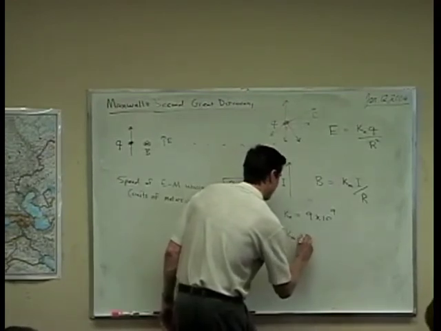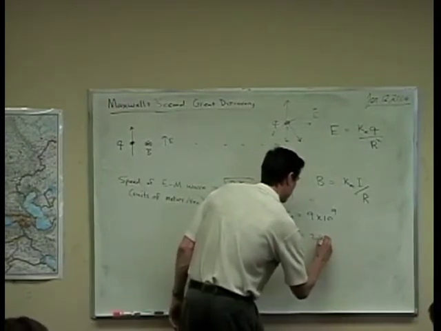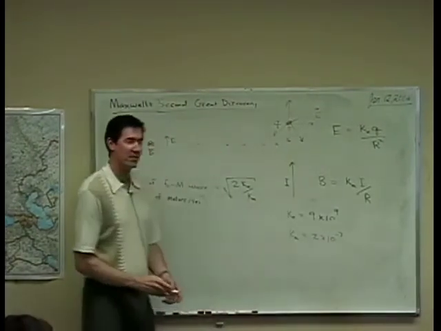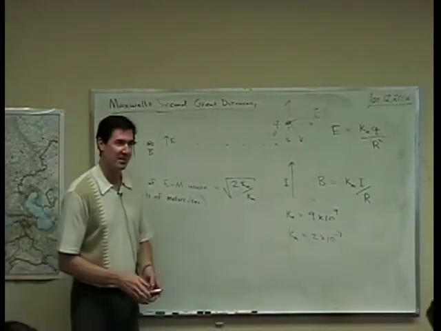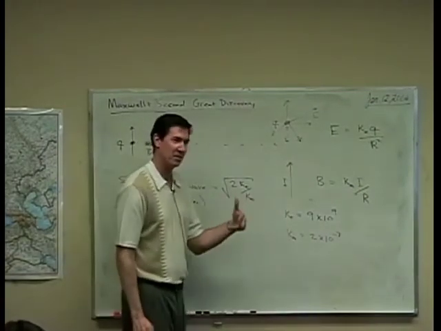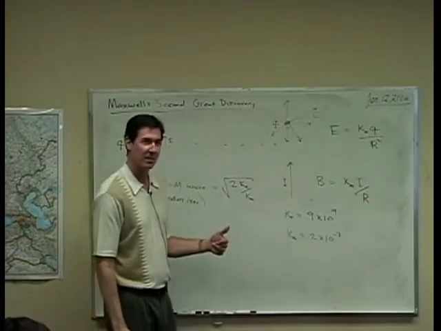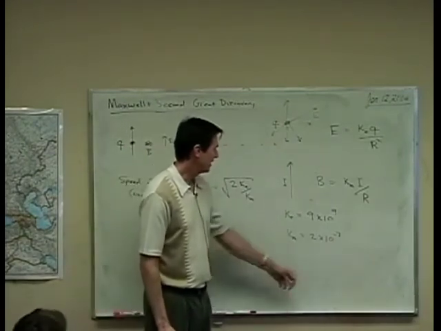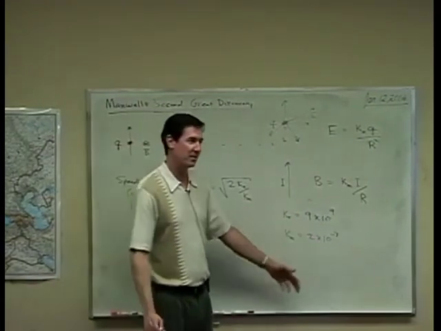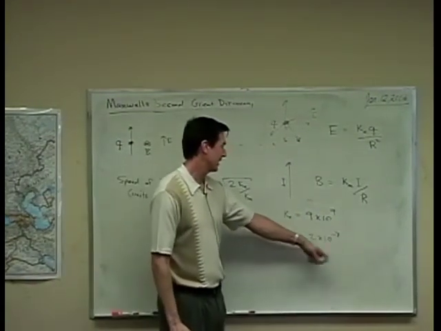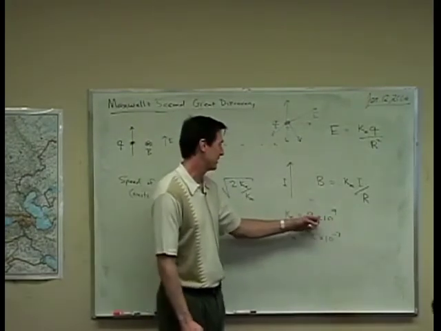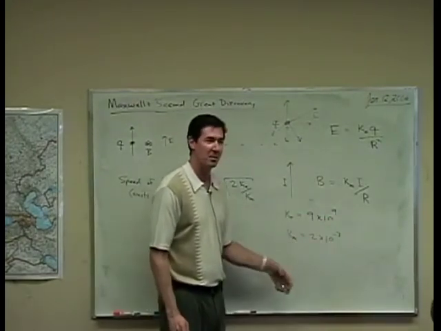For the magnetic constant, a very little number, 2 times 10 to the negative 7th. 10 to the minus 6th is like a millionth, so this is less than that. 10 to the 9th is a billion. So this is 9 billion, and this is less than a millionth.